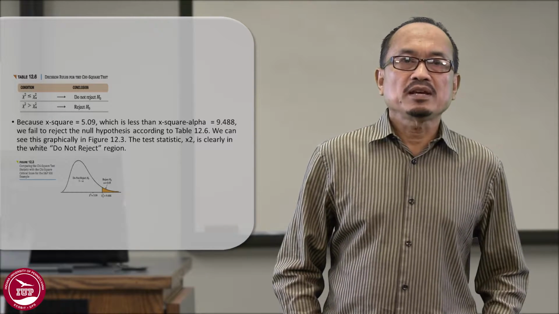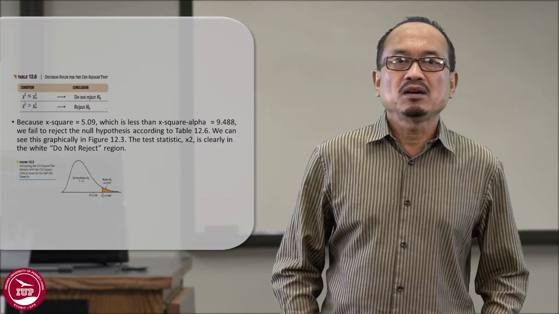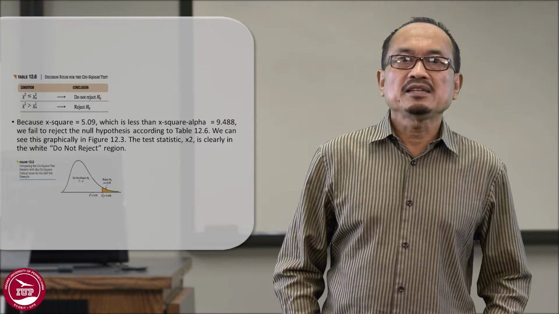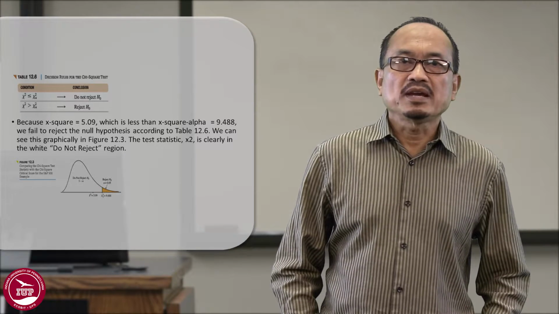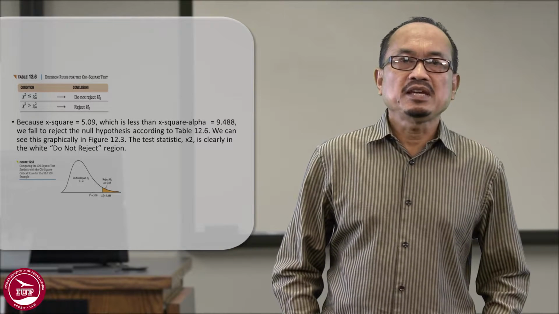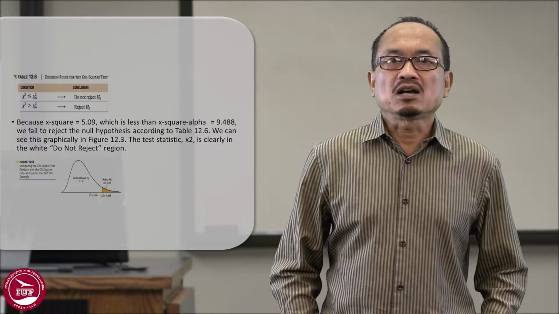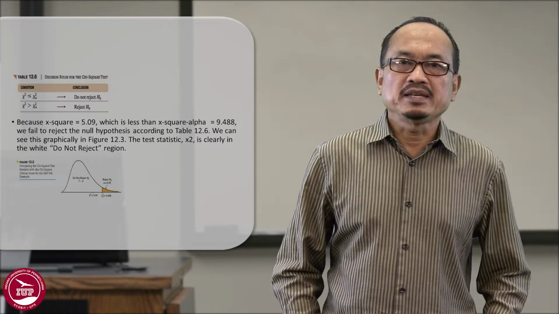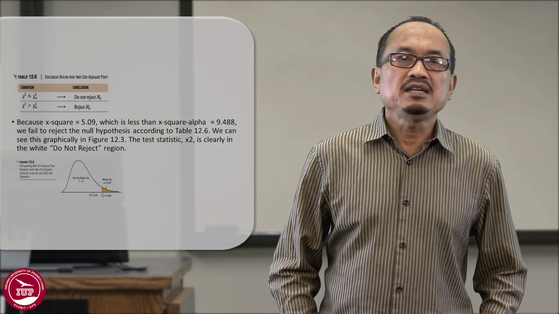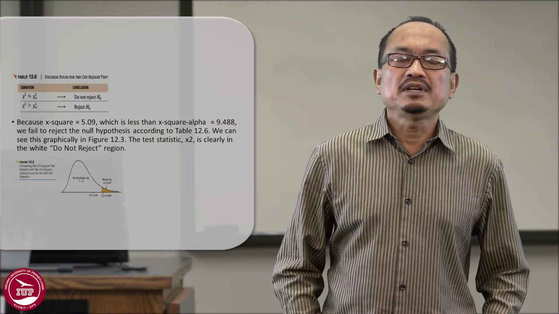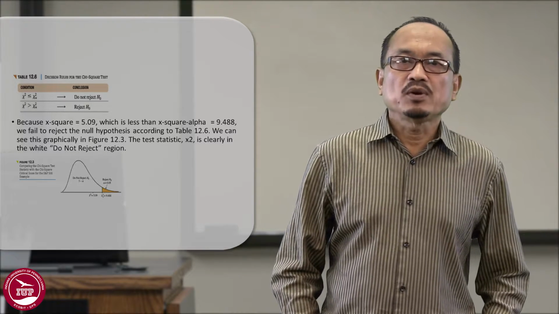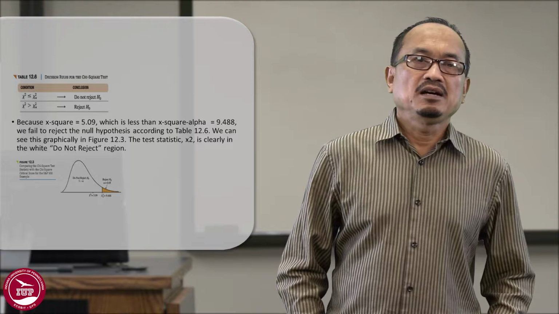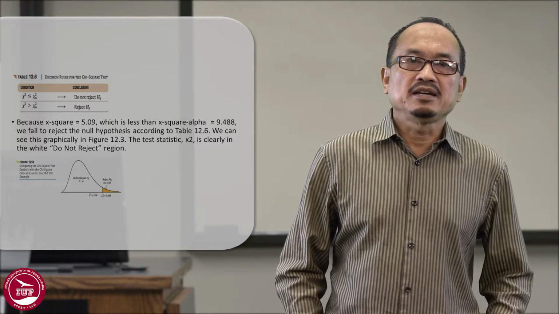Because chi-square equal to 5.09 is less than chi-square alpha equal to 9.488, we fail to reject the null hypothesis according to table 12.6. We can see this graphically in figure 12.3. The test statistic is clearly in the white do-not-reject region.